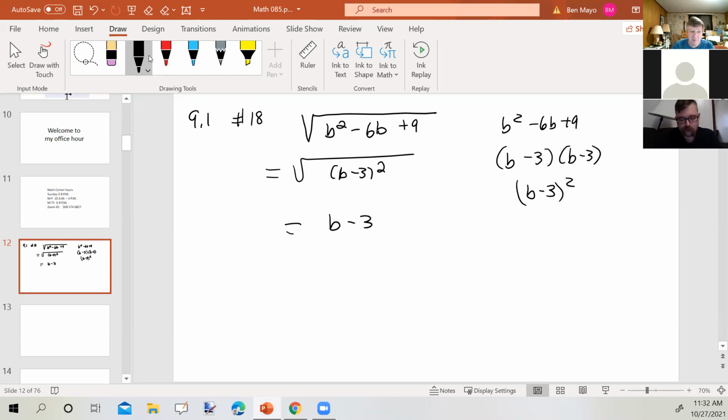However, we can't stop there. Because b is unrestricted, b could be positive or negative or zero. And when you take an even root, specifically a square root, you can't get a negative number. We need to have absolute value bars around the answer. So that was the missing piece on that one.